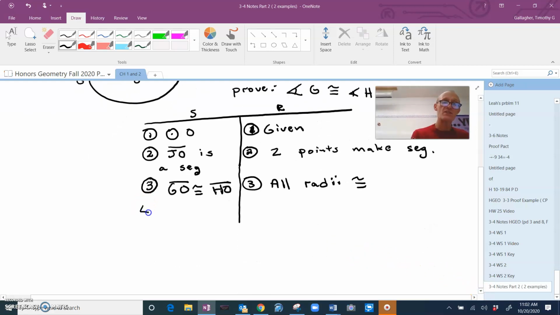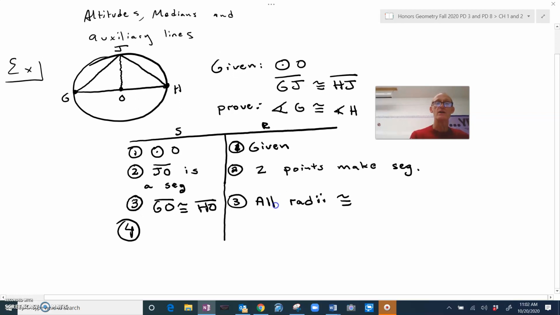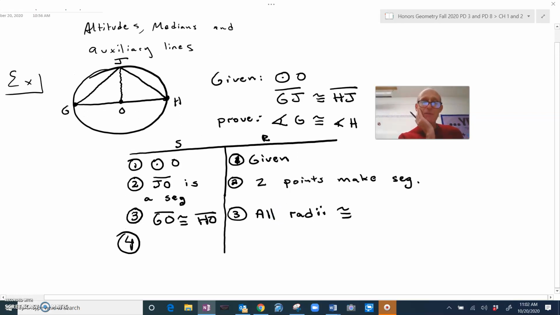Now, fourth step, is, well, let's stop and think. Well, what are we doing? Let's get the two triangles congruent. I'm talking about this triangle here and this triangle here.